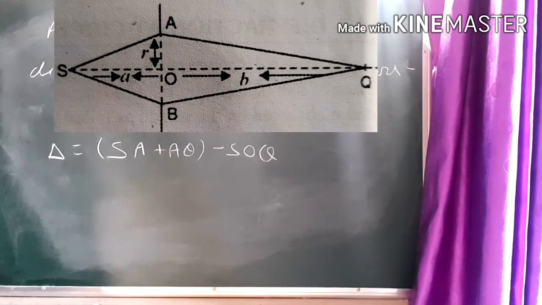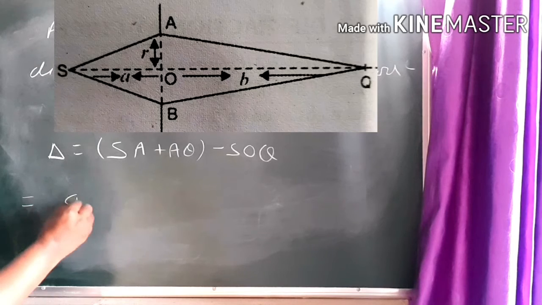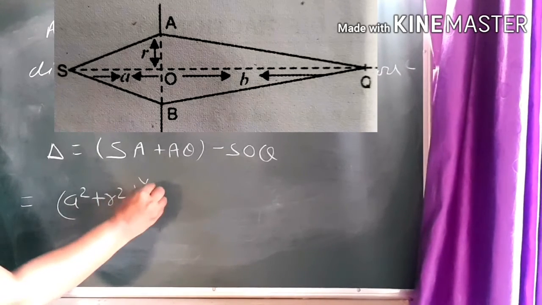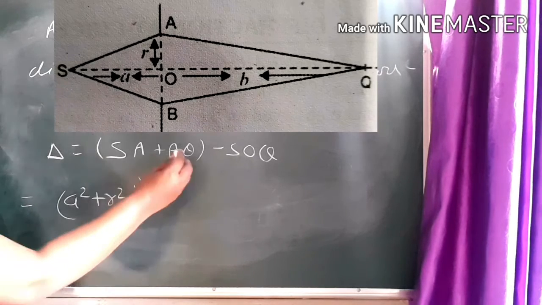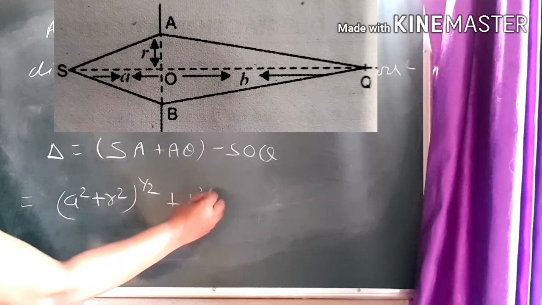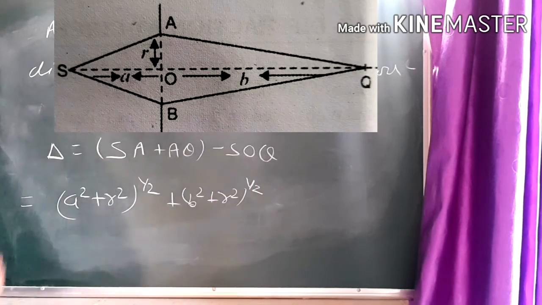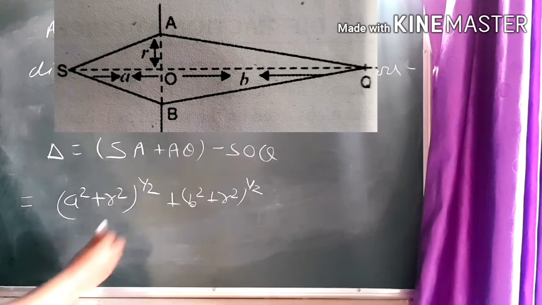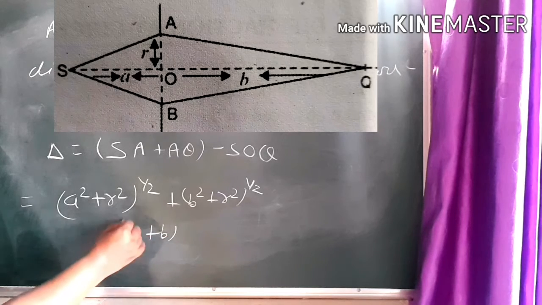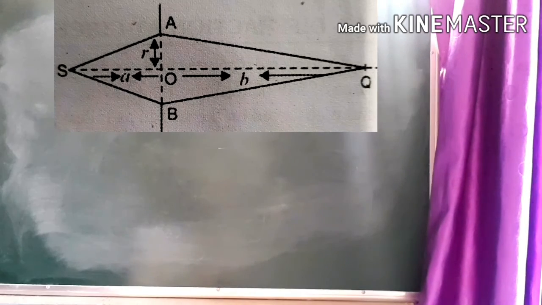From the figure we can see clearly SA is equal to (a square plus r square) raised to power 1 by 2, and AQ is (b square plus r square) raised to power 1 by 2, and SOQ is a plus b. This represents the path difference.